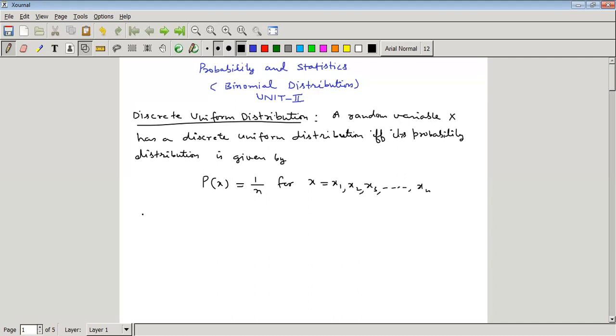The random variable capital X is then called a discrete uniform random variable.